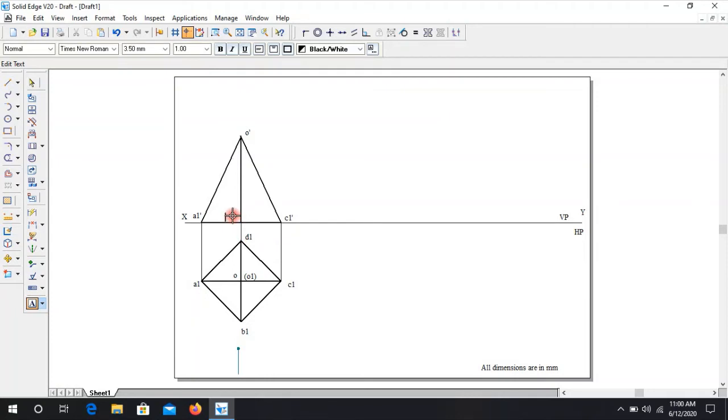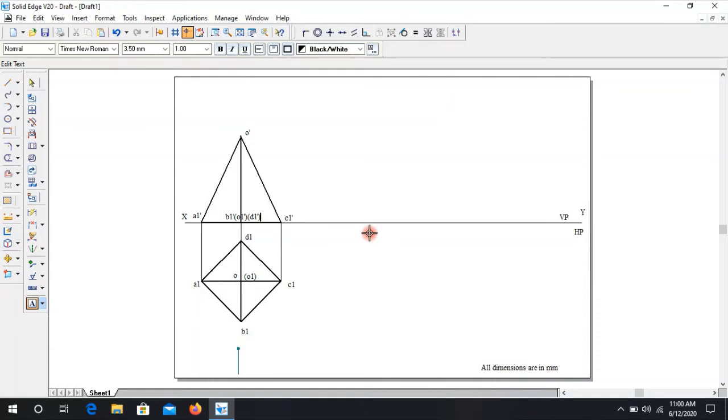So B1 dash will be written outside the bracket and the remaining two letters O1 dash will be inside the bracket because it's not visible, and also D1 dash will be inside the bracket because it is not visible. That completes the first step of the square pyramid kept in corner condition.